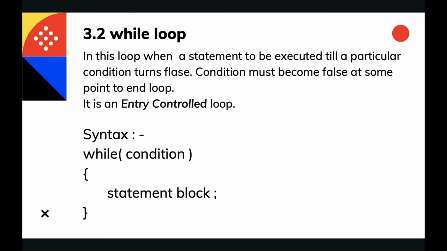your program is going to run, or you can say the while body is going to run. So you can read it as: while the condition is true, run this statement.